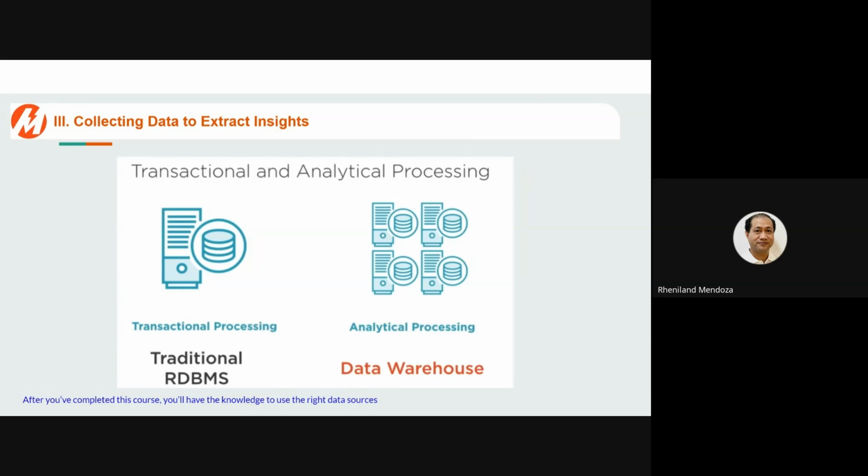This is typically an SQL database hosted on-premise, and much more popular now on a cloud platform such as AWS, Google or Azure. Analytical processing, on the other hand, is performed using large data warehouses.